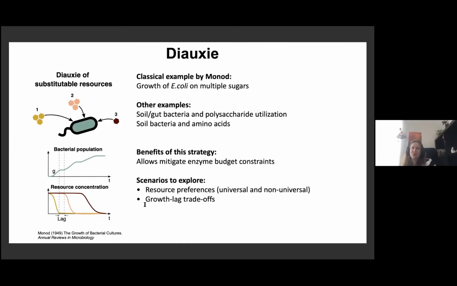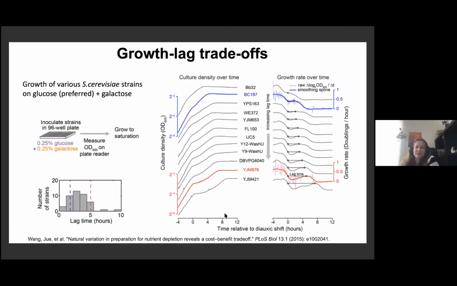And for diauxic behavior, the core thing to take note of is that there is a trade-off between your growth on your preferred resource versus the lag after that. And why is it like that? First of all, this is one of the recent papers where people again confirmed it. They had different Saccharomyces strains. They demonstrated that those strains also have diauxy on a mixture of sugars, which is glucose and galactose.